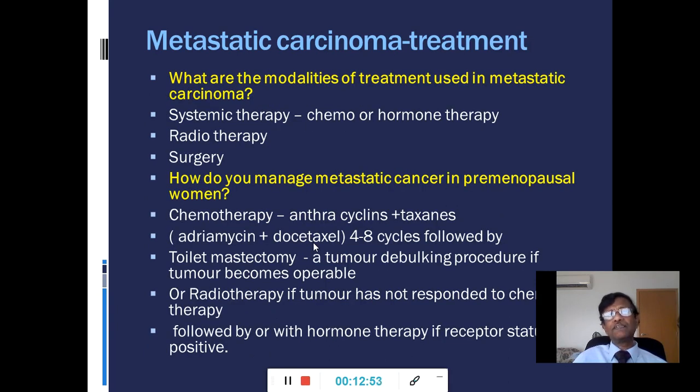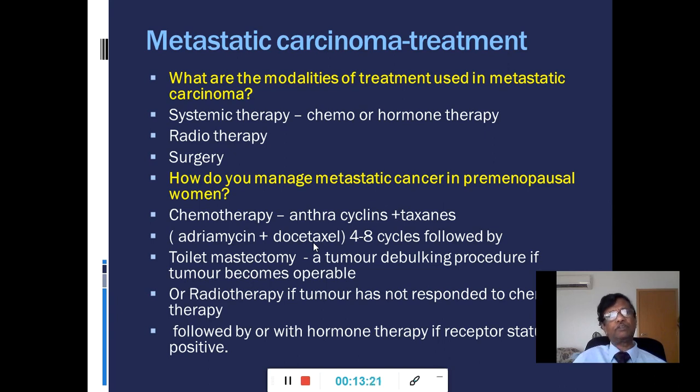What are the modalities of treatment used in metastatic carcinoma? Systemic therapy, chemo or hormone therapy, radiotherapy, surgery. All the modalities available can be used in the treatment of carcinoma breast, especially in metastatic carcinoma breast. But the main thing is that it is already systemically widespread.